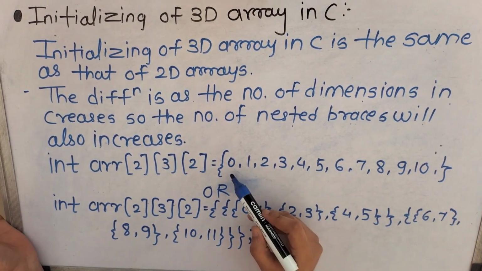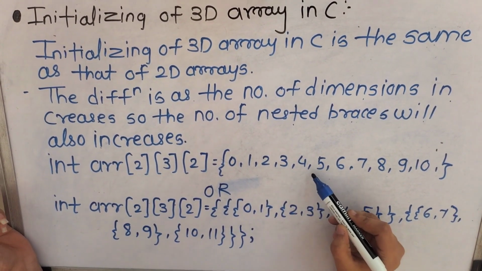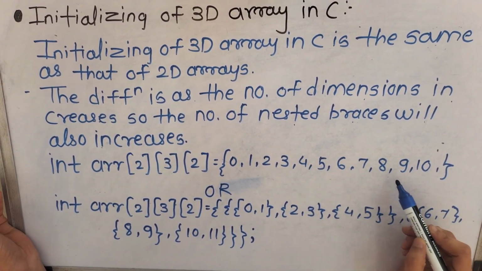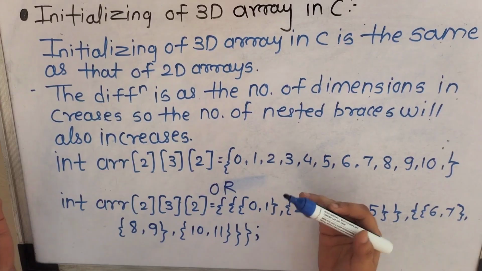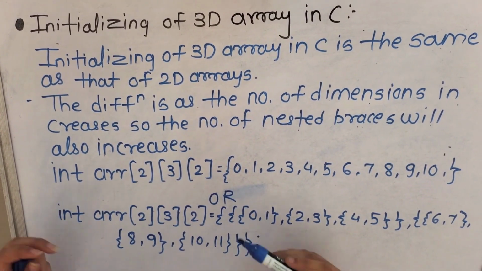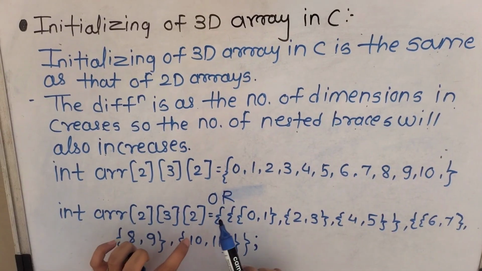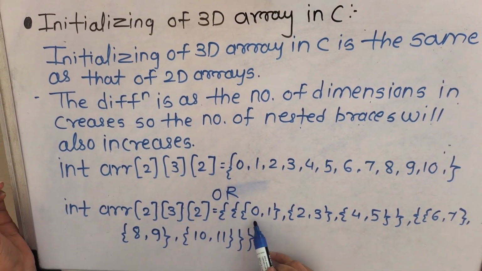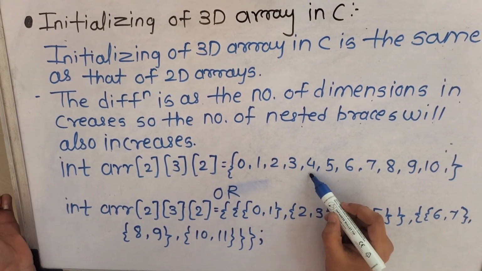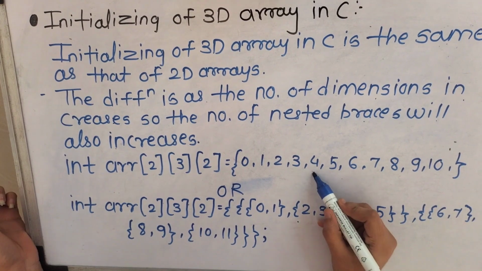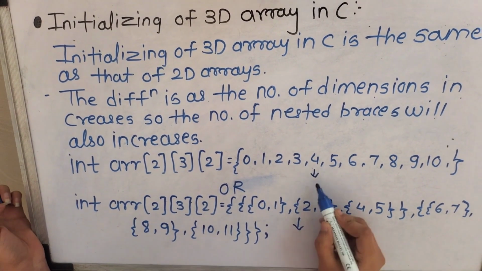We can write it like 0 1 2 3 4 5 6 7 8 9 10, or we can also write this same example as int array[2][3][2] with this syntax as well. We can write both.